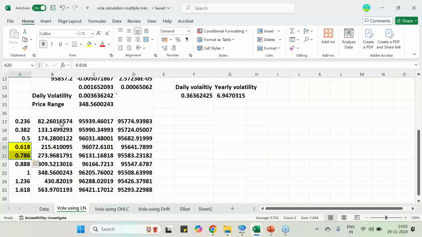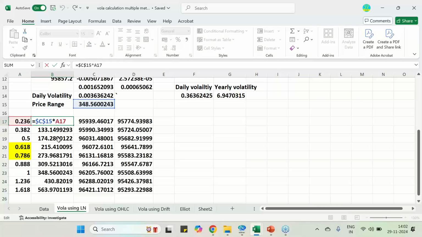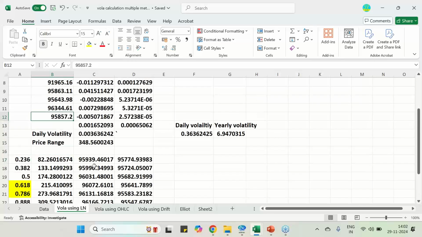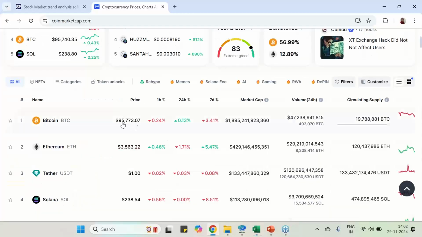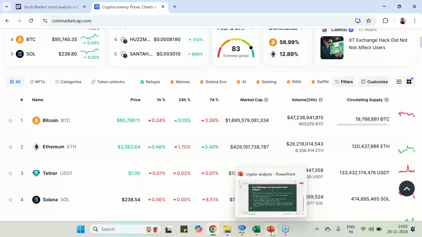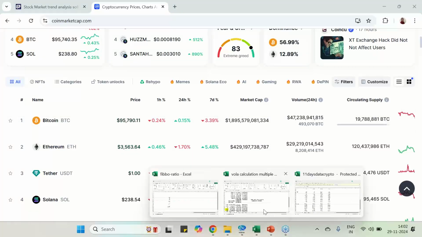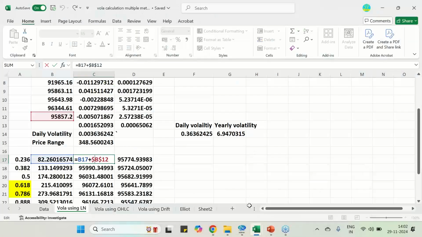Once I multiply this 348 with the different Fibonacci ratios, I get this price range. I'll add it to the reference price, my last price, which is popping on the screen here. So 95,773 has happened now. A few minutes back it was 857, now 773.